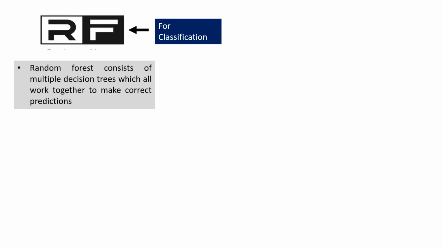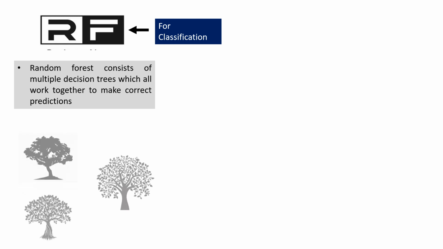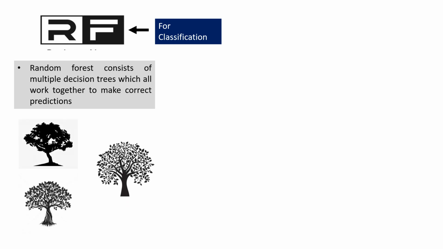Random forest consists of multiple decision trees which all work together to make correct predictions. Each decision tree in the random forest makes its own prediction, so we get multiple predictions, but we want only one final answer.